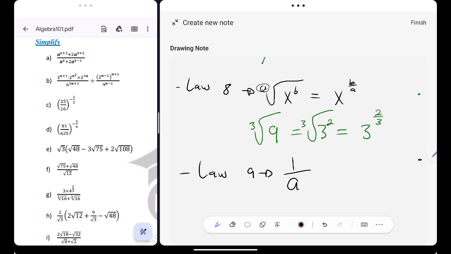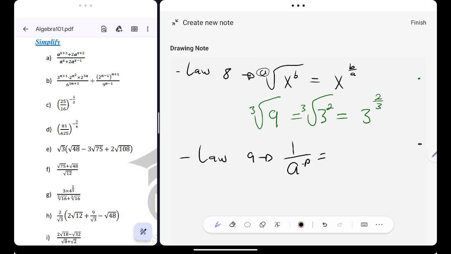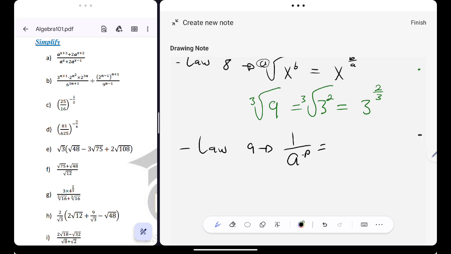If you have a number like this, just know that if you move a term from the denominator to the numerator, the only thing you have to do is to change the sign of the exponent. So here I'm moving this a to the power p from the denominator to the numerator.